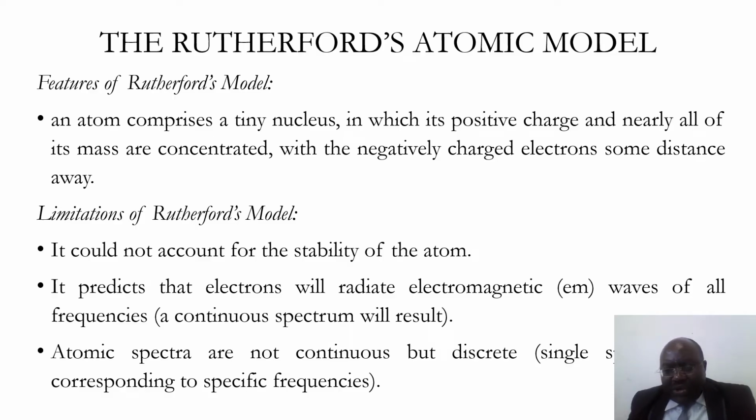So we do not have a continuous electromagnetic radiation from our atoms or from our electrons in the atoms, but simply we have different series of discrete specific frequencies, which implies that our electrons occupy different levels within the atom.